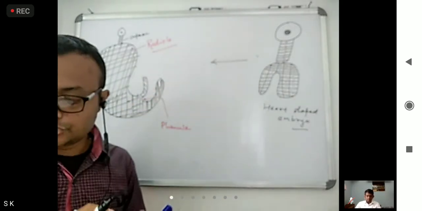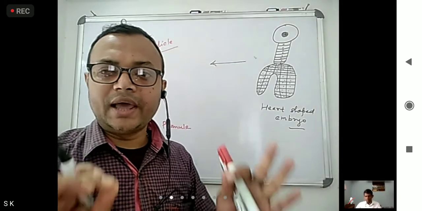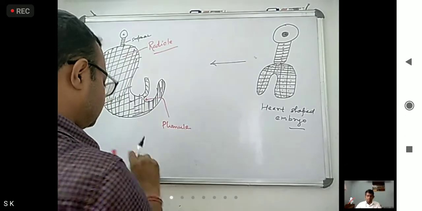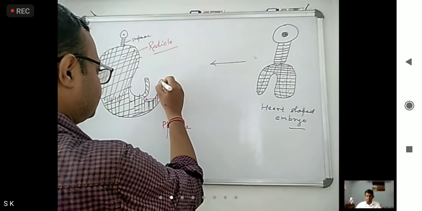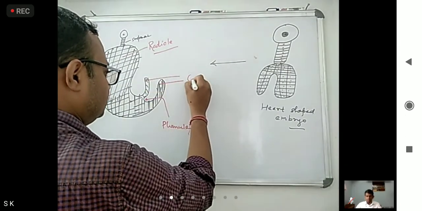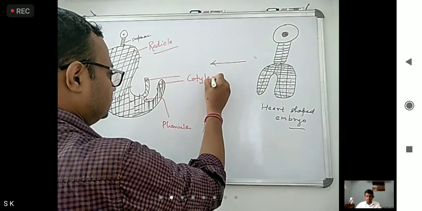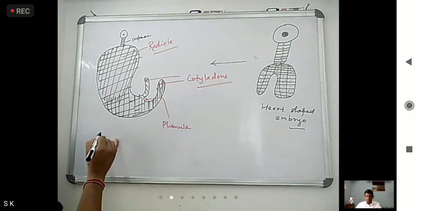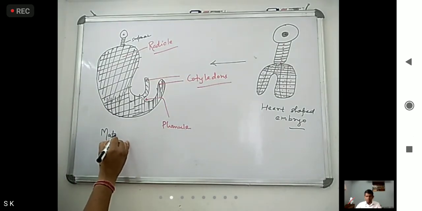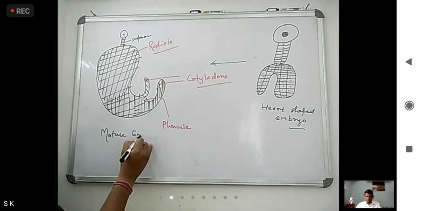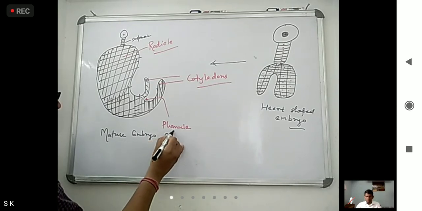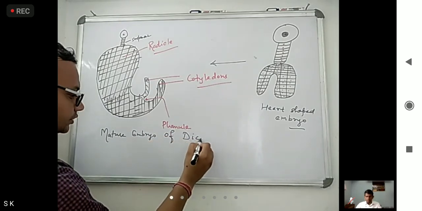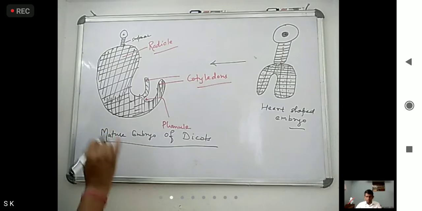And these two parts known as cotyledons. And this is mature embryo of dicot, because what we have discussed dicots.